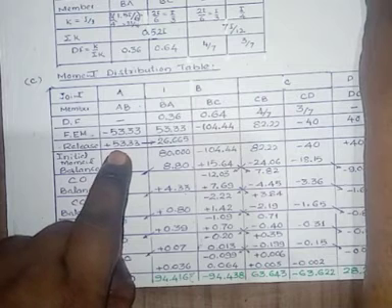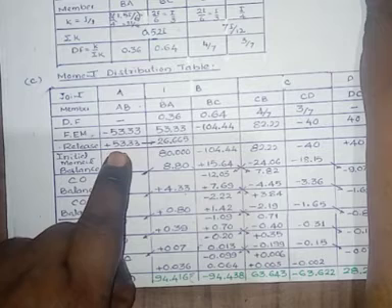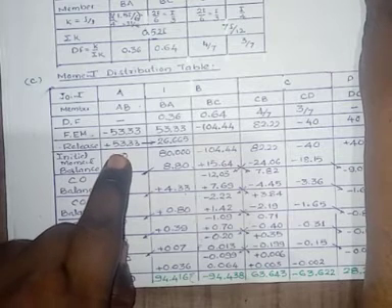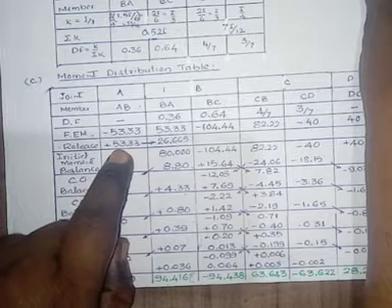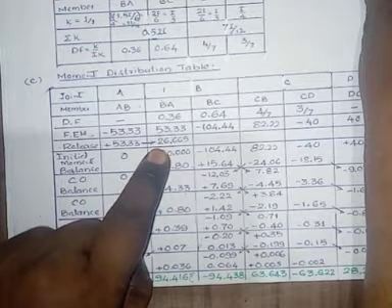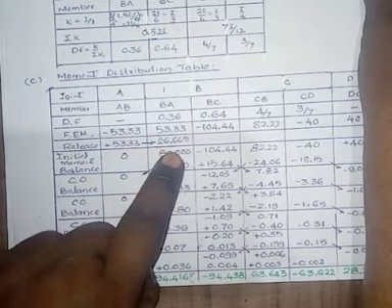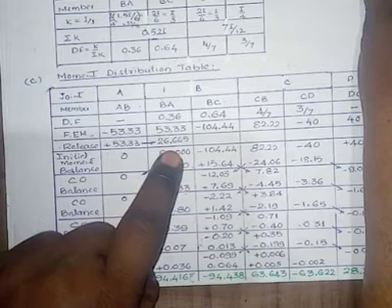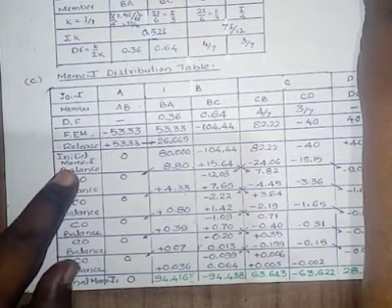To balance it, we have added the releasing moment. Half of that one is carried over to the next joint from A to B, that is 50% of 53.33, which is 26.665. Then again we have to add all these things.